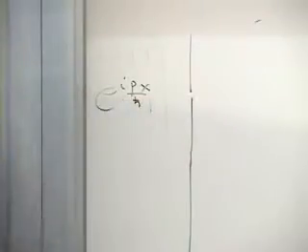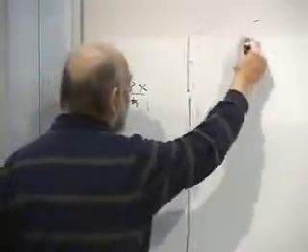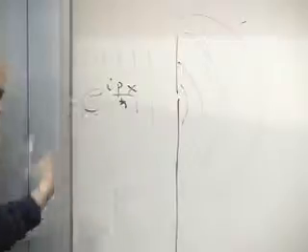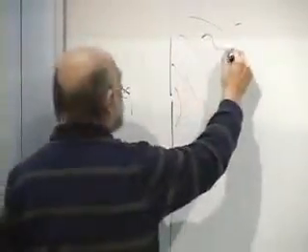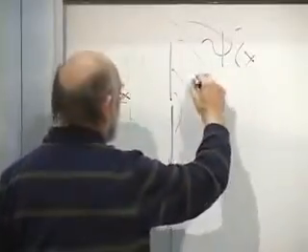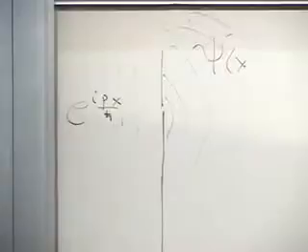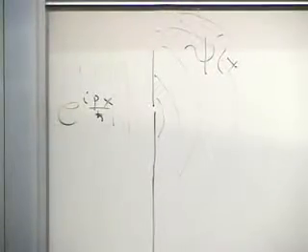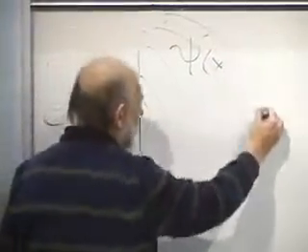Right? The particle passes through the hole, and the probability wave, psi, spreads out like that. In fact, I could even write down what it is, but I don't want to write down what it is. We'll just draw a picture of it. All right? Now it hits a screen.